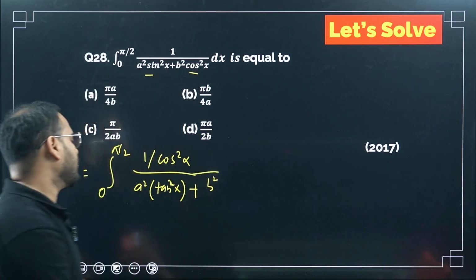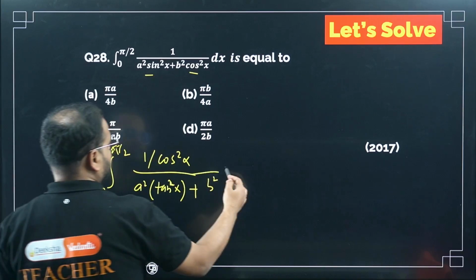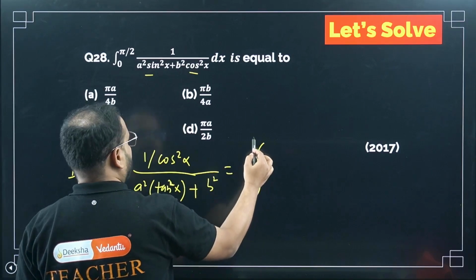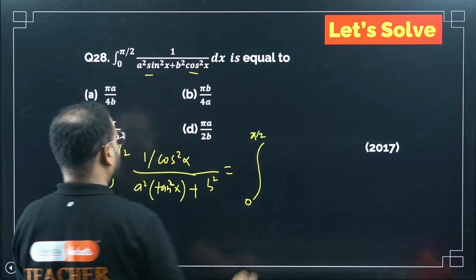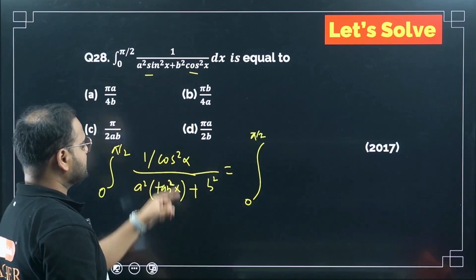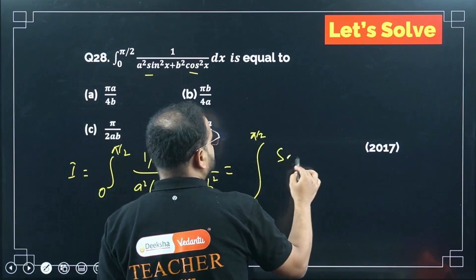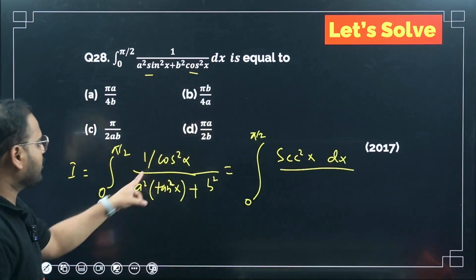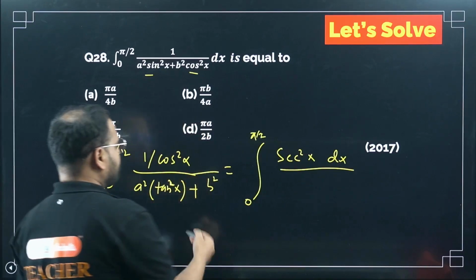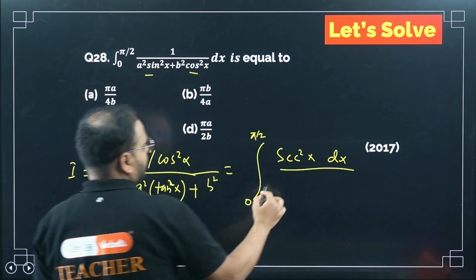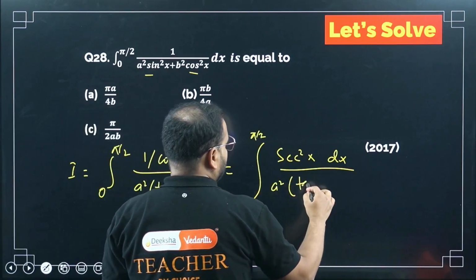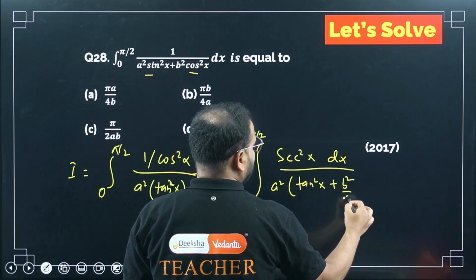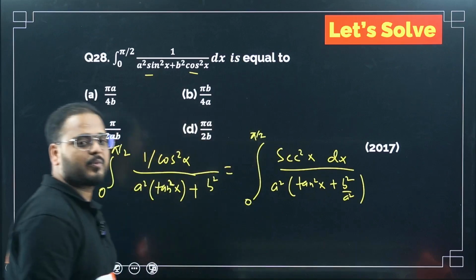Now do one thing, take a square common from here. So 0 to pi by 2 will be as it is. How much is the numerator? This is simply sec square x dx, sir. Yes or no? 1 by cos square is sec square x dx. And take a square common. What are you going to get? You're going to get a square times tan square x plus b square by a square.